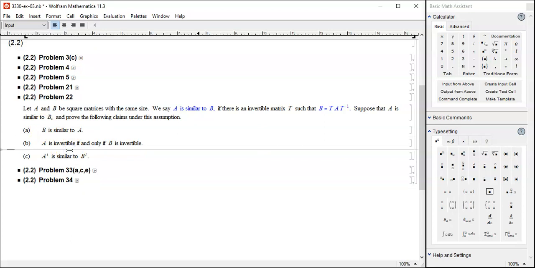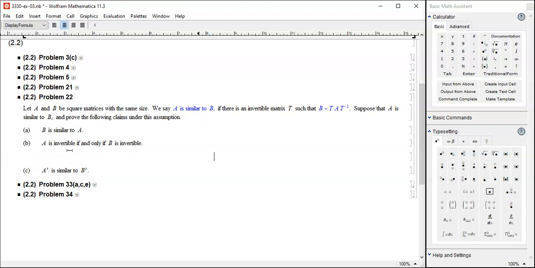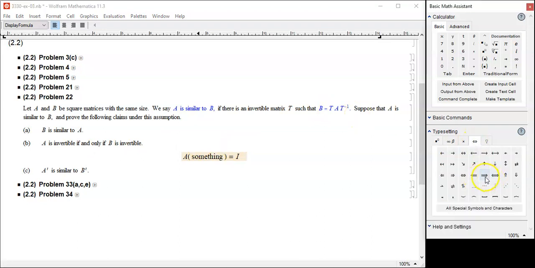Next, if A is invertible, then B is invertible, and vice versa. Well, let's see, what do you mean by invertibility? What do you mean A is invertible? That means A times something is equal to I, right? Does it mean B times the same thing is equal to I?